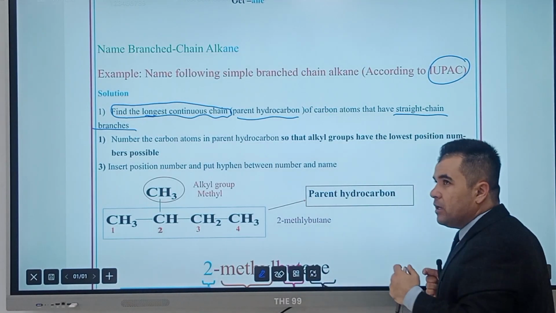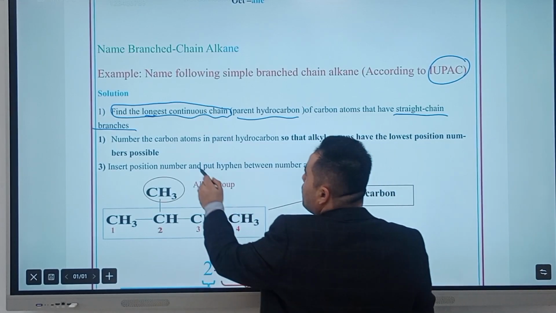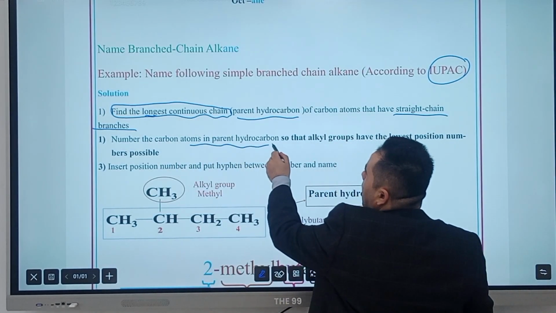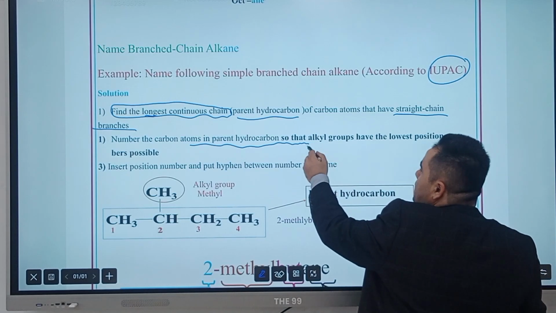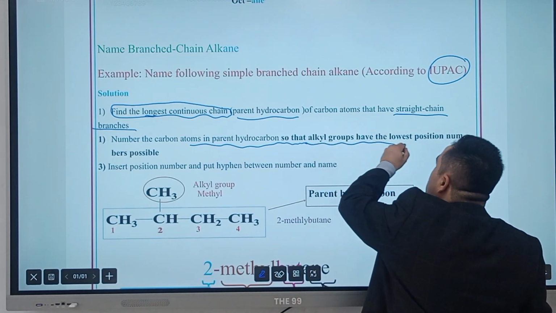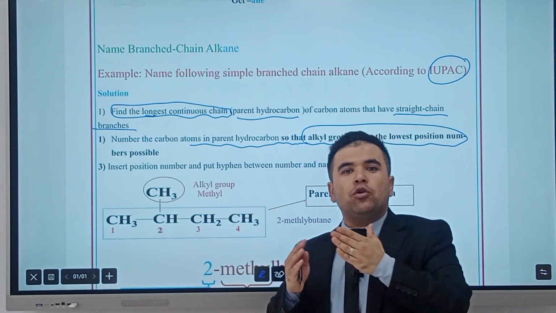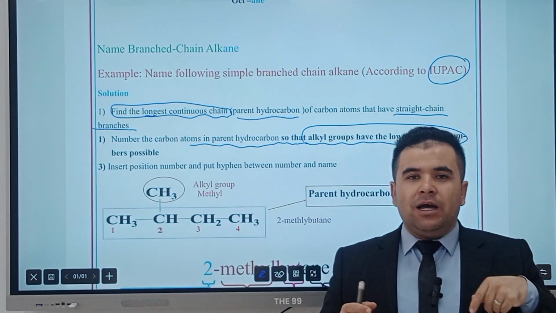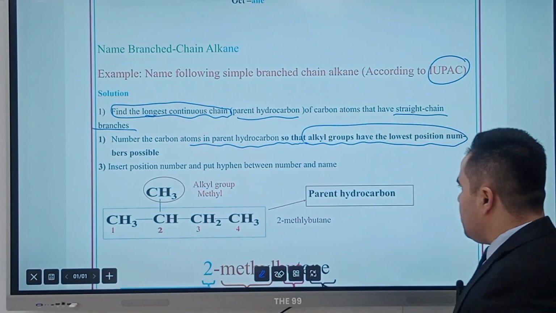And then, as we select the longest continuous chain, we have to position the numbers of the carbon atoms so that the alkyl group has the lowest position number. We have to number the hydrocarbon from the end that gives the alkyl group the lowest position number.